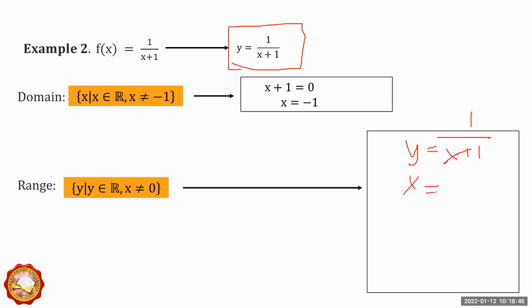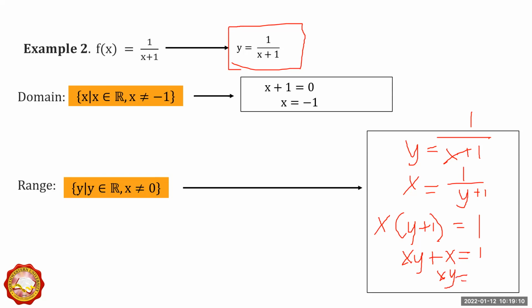So, switch x to y, and y to x. And then find the value of your y. And you can do that by multiplying both sides by y plus 1. And that would get rid of your y plus 1 here. And then you'll get xy plus x, which is equal to negative x plus 1. And then divide both sides by x.